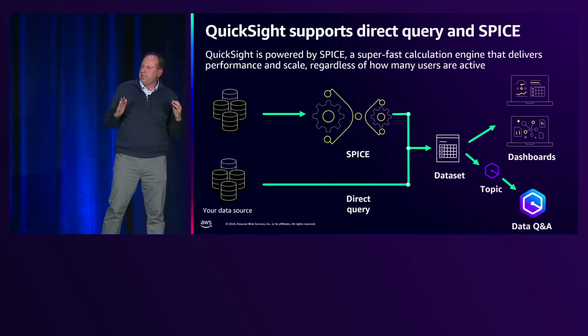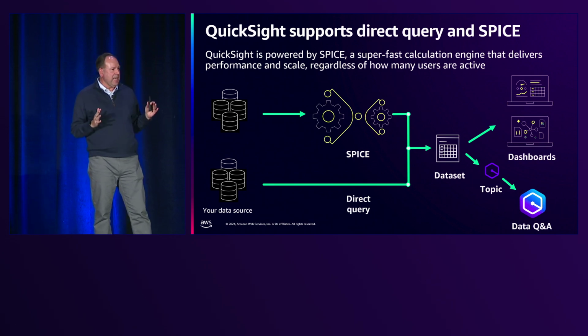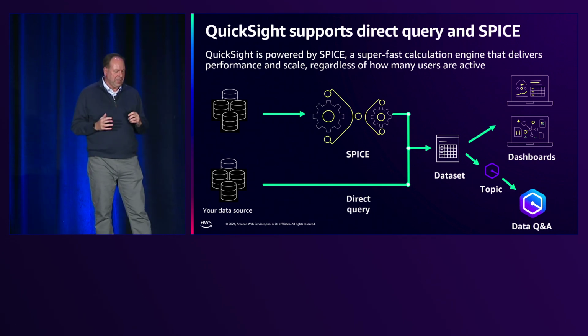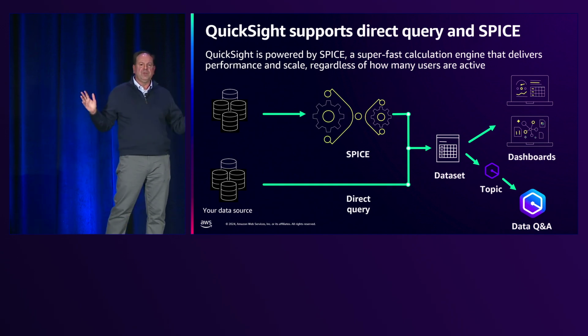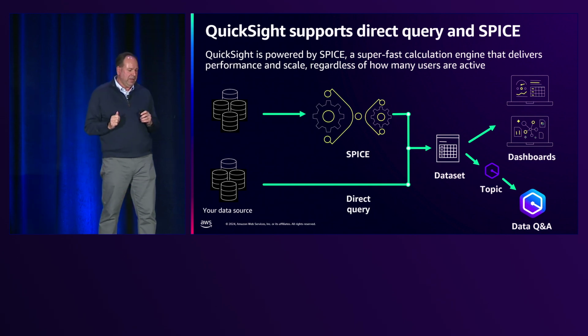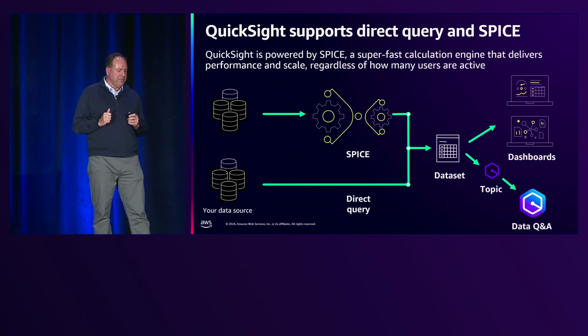This is a purpose-built BI analytics query engine that also has storage associated with it, and it's called SPICE. And the vast majority of queries that we have in QuickSight actually use the SPICE route for query.